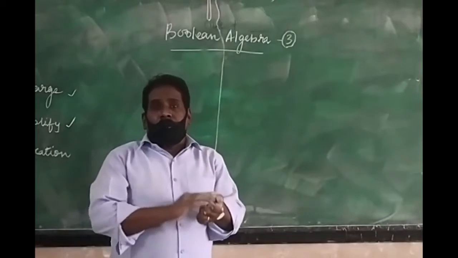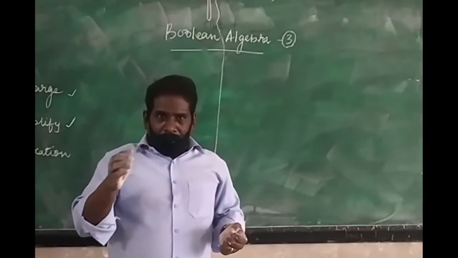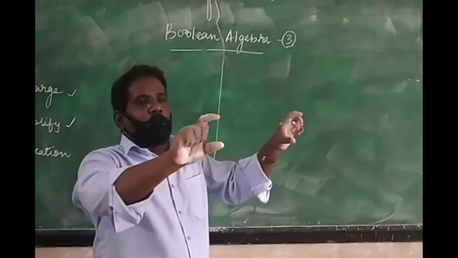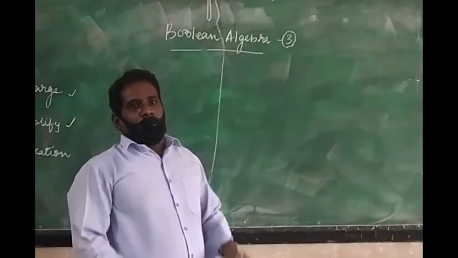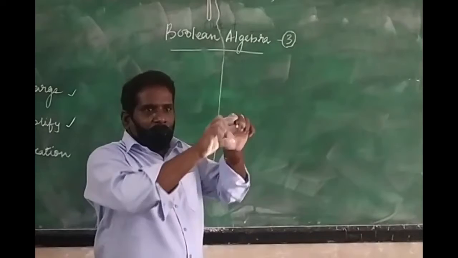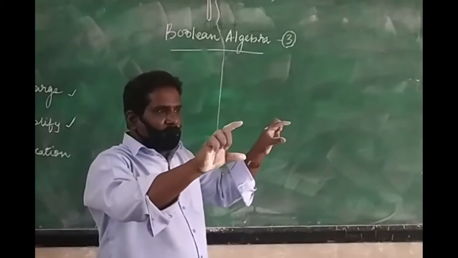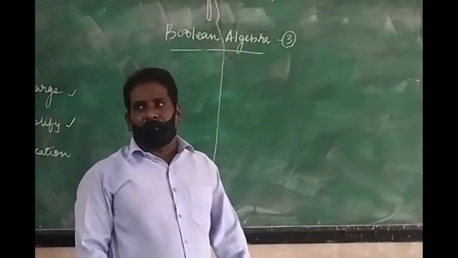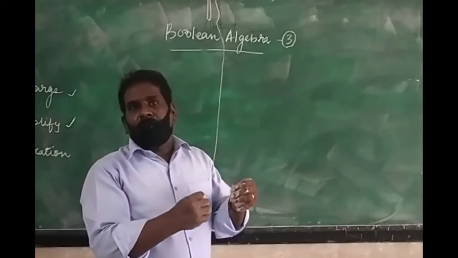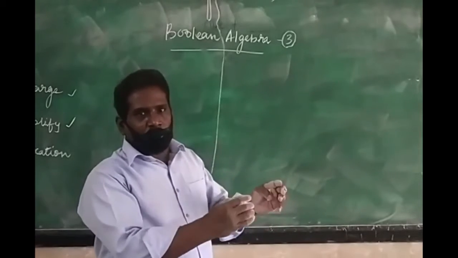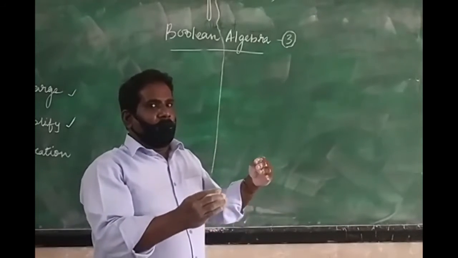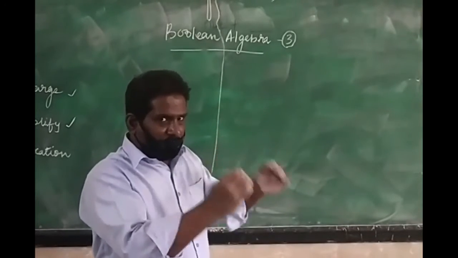Simplification is nothing but reducing operators as well as variables from the given Boolean function. That is called simplification. You have to reduce, you have to minimize. How can we minimize? Using theorems, using rules. As per the rules, we are going to minimize the expression and simplify the function.